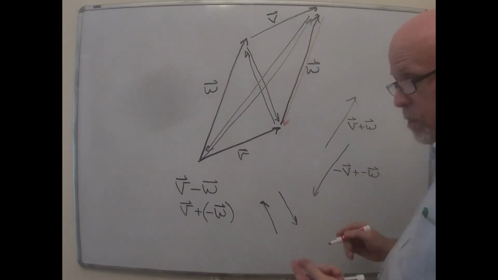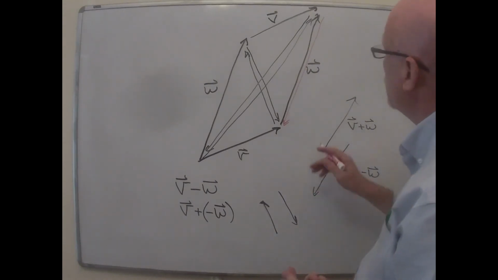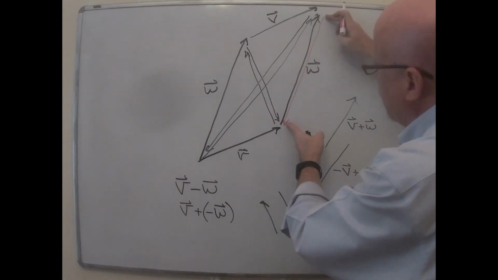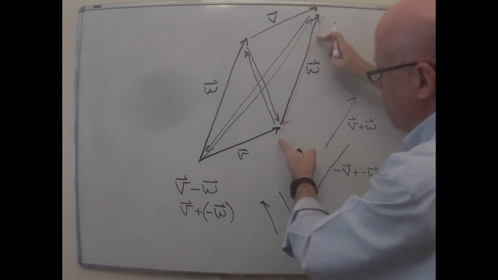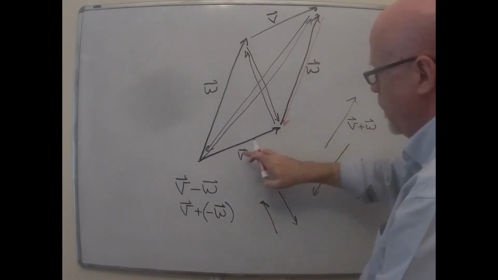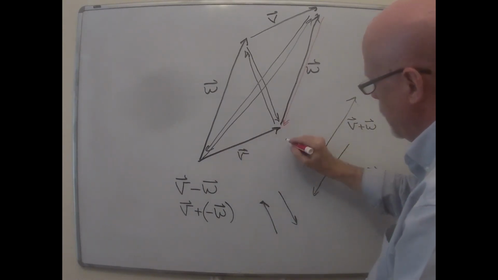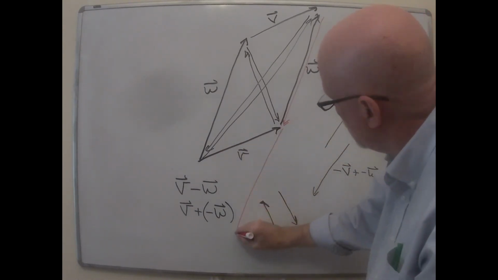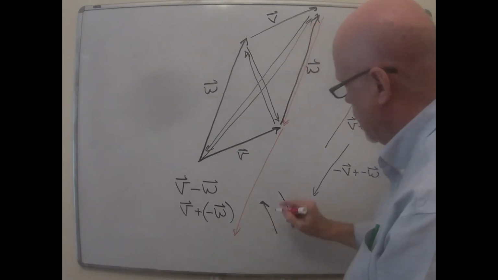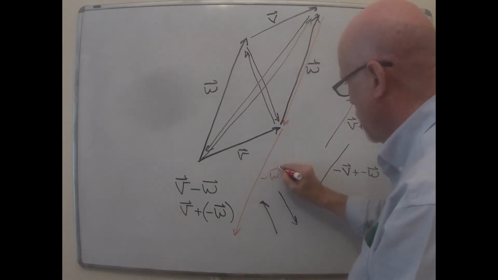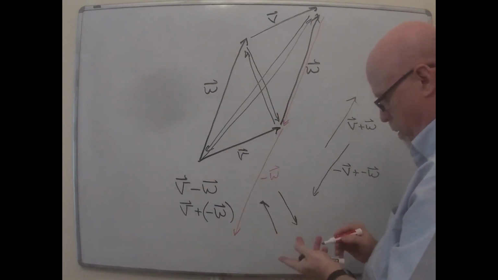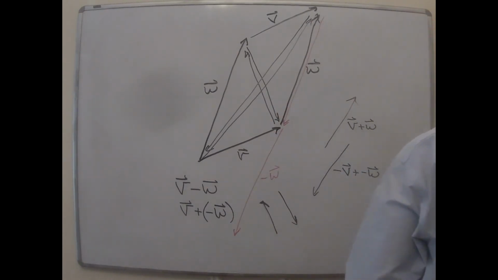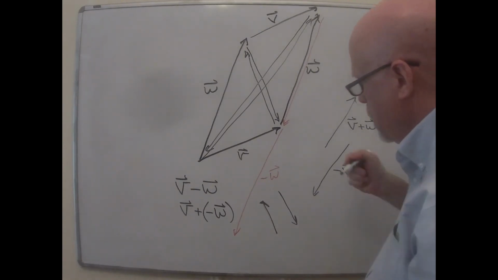You again make another parallelogram picture, which means you want this negative w vector to be shifted down till its tail lines up with the head of v. So it's about like that. That's the negative of w. So if we add v and the negative of w, that result goes this way.